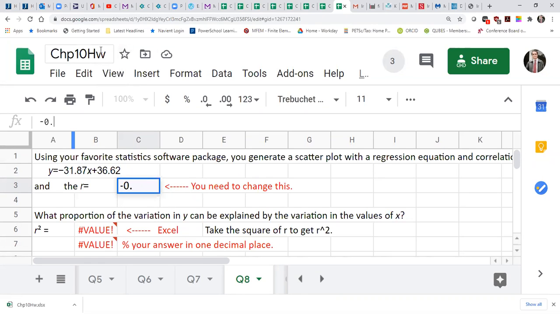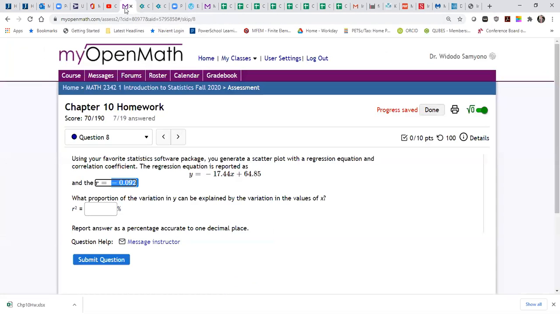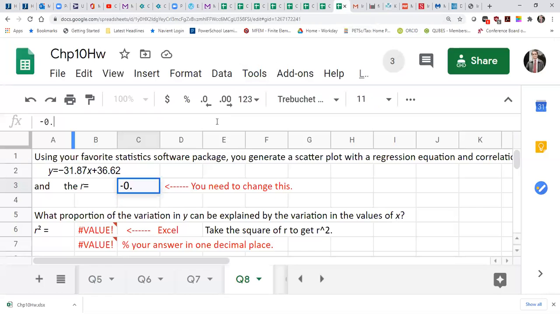Okay, let me see. The negative 0.092, right? Yeah, apparently I cannot copy and paste, so I have to type it.